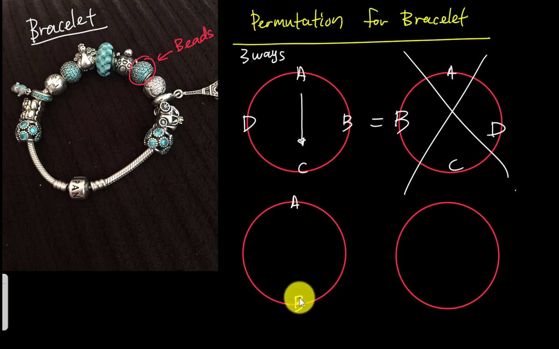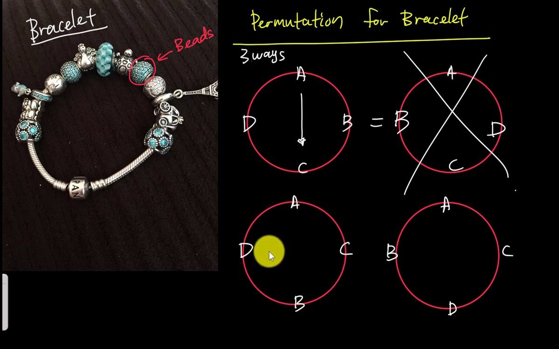Let's say I put B at the opposite, then these can be C or D. This is one new way. Or with A here, I already tried putting C and B, so right now I put D at the opposite, and then here I will put B and C randomly. So these are the 3 different ways.